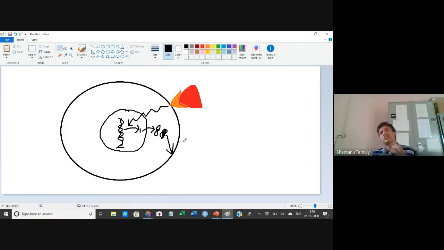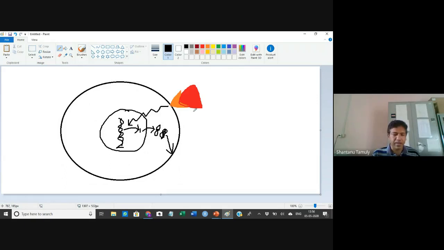Supposing this particular cytokine causes proliferation of the cell, it will stimulate those genes responsible for proliferation. Supposing it is a cytokine that inhibits proliferation, the cascade will stimulate those genes that inhibit proliferation of the cell. So they act through receptors, just like insulin. Insulin receptors are present on the surface of the membrane. In the same way, these cytokines also act like that.